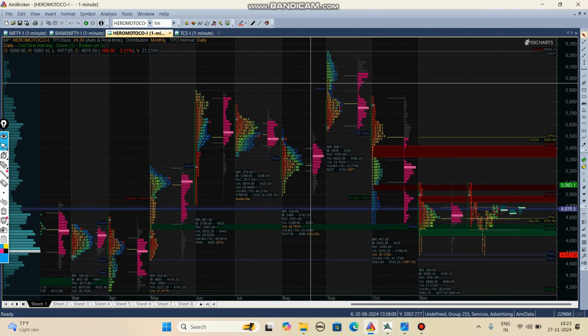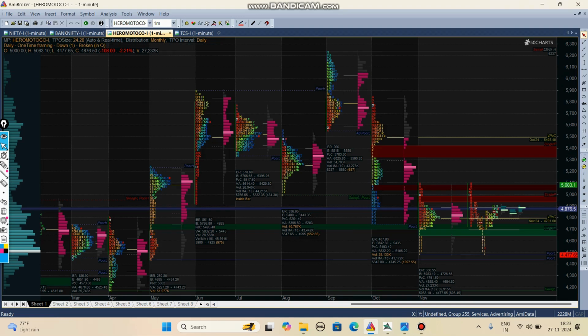Investors check the candle. If it breaks out, they think it will go upside. But the real fact is that investors should know the standard deviation levels of long-term charts. So investors should always enter at the -1 standard deviation level, and they have to fix the target for +1 standard deviation.